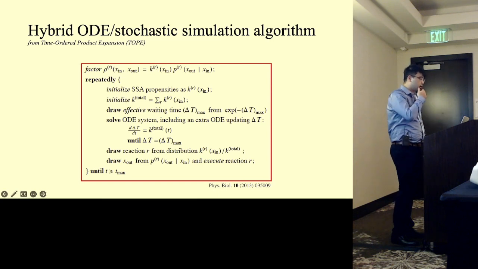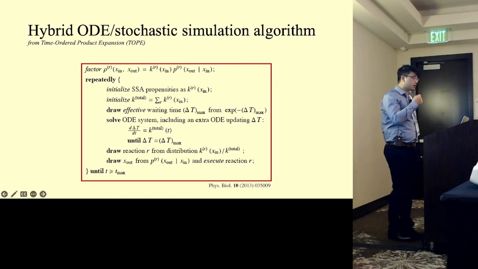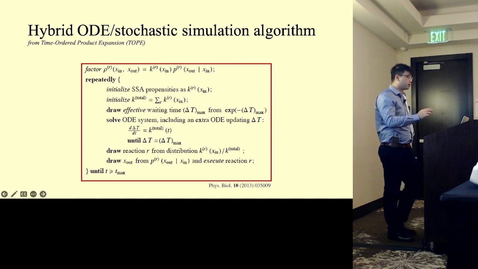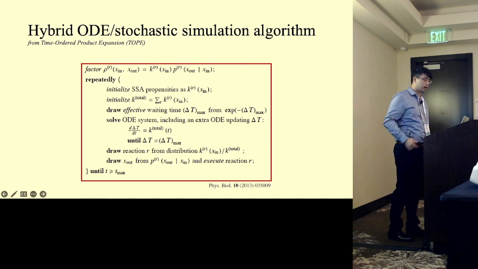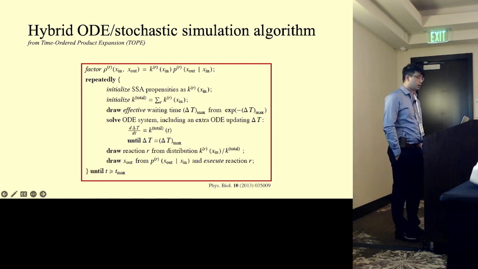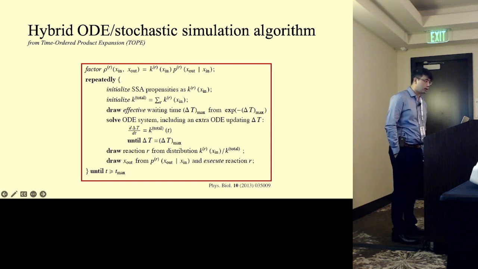Those propensities are mainly used to choose the right reaction, to sample the reaction to be executed from that pool of reactions. And the effective waiting time is drawn from the exponential function, because it's assuming a Poisson process.